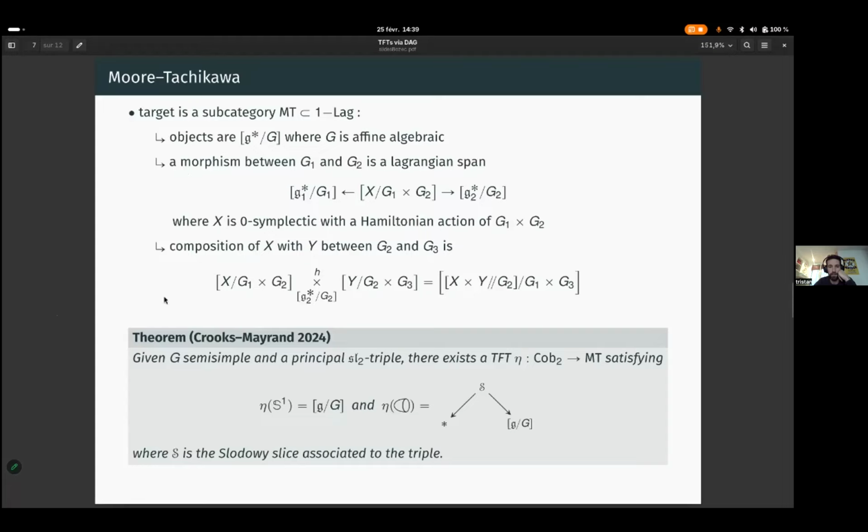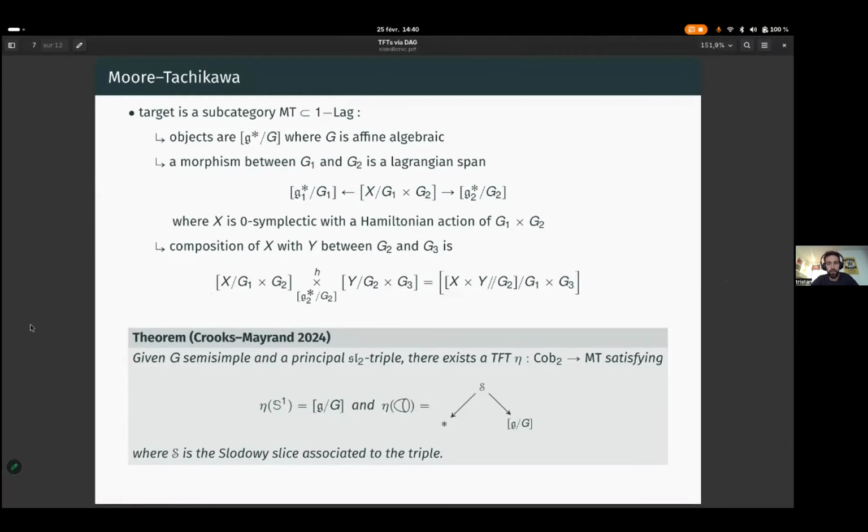Again, it gets tricky when you want to compose this. The original definition was to consider some kind of Hamiltonian reduction here, followed by another quotient stack here. It turns out that it matched the composition I gave in my shifted Lagrangian category.